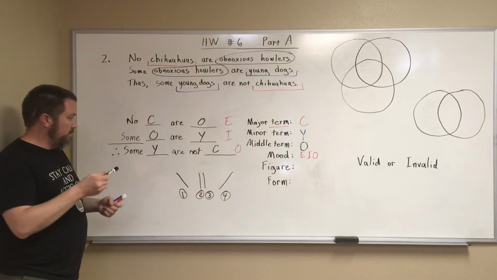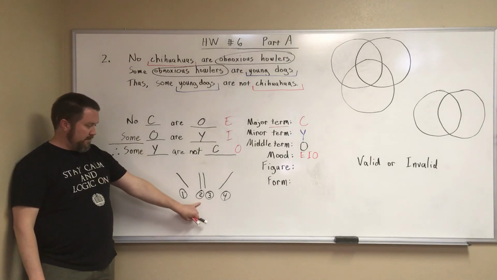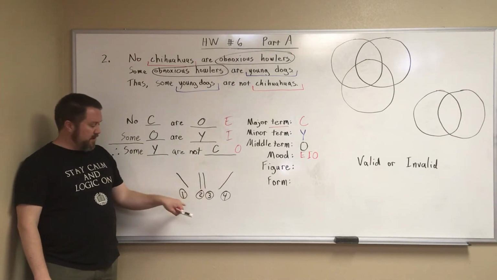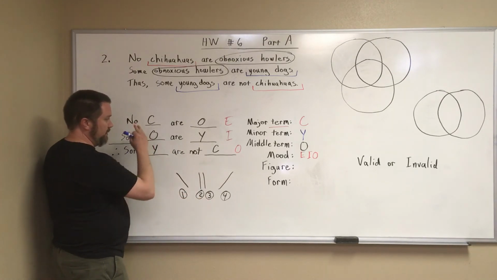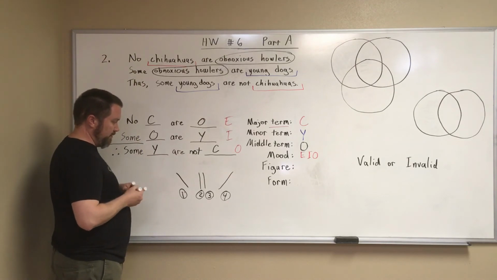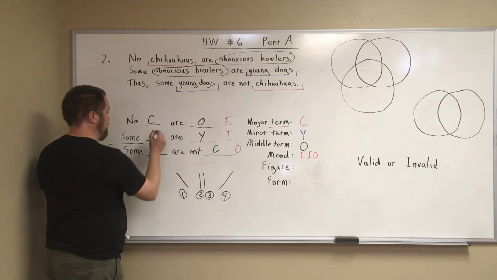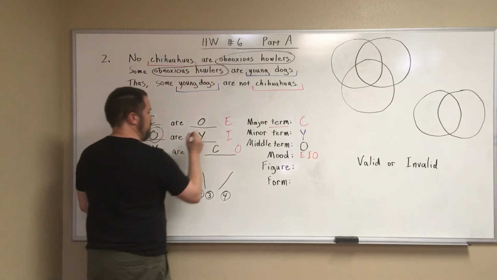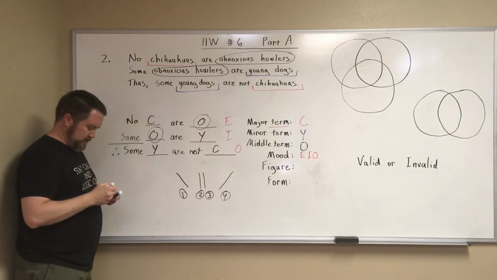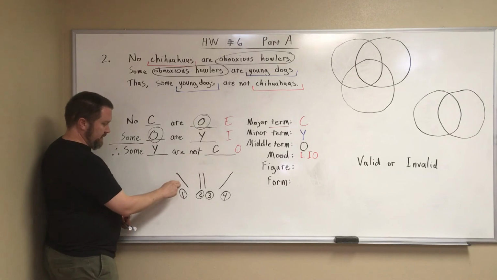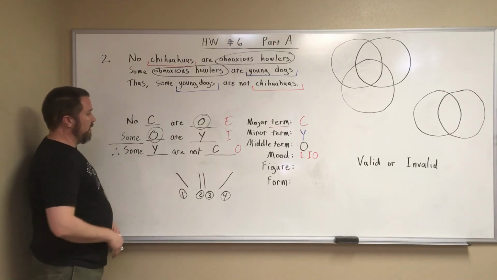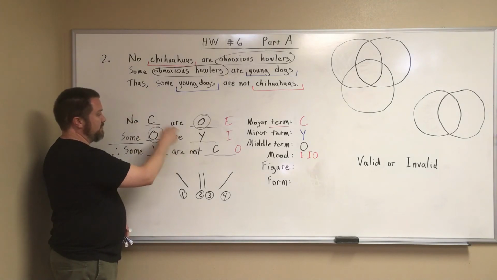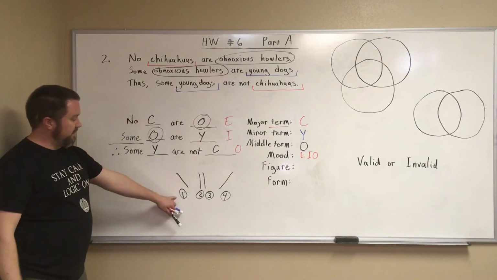And then the figure. So remember the figure down here. Remember this kind of diagram. There are 4 different types. This is where the middle terms line up. Middle term is O. So if they're in kind of a backslash form, like I believe we had on the first one, it's figure 1.